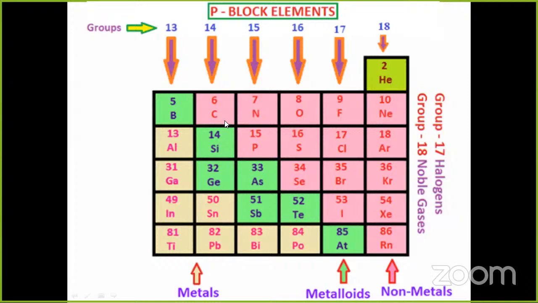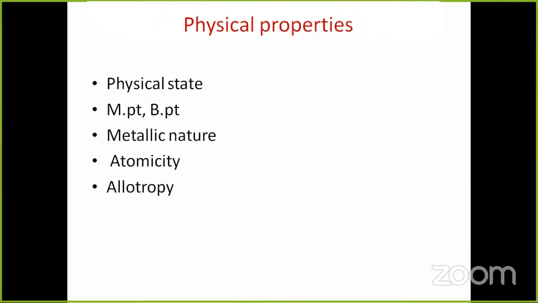Diamond is pure carbon. In this diamond, the carbon atoms have strong sigma bonds present. That's why the boiling point of diamond is 4,200 degrees centigrade. I think in entire chemistry, this element exhibits the highest melting and boiling point. That is the carbon allotrope. So that is the melting point and boiling point value.